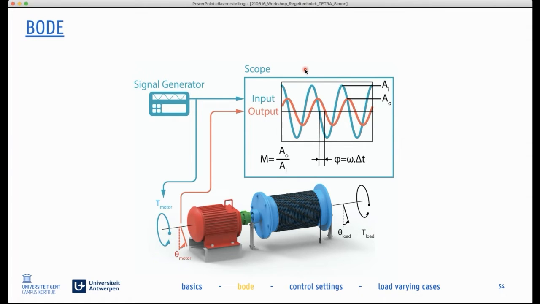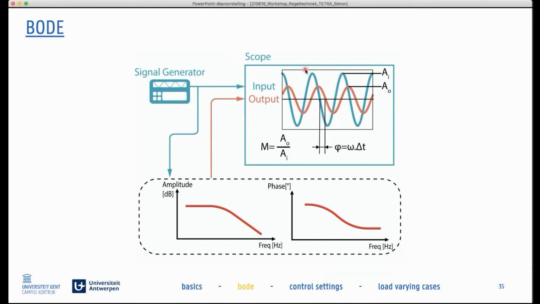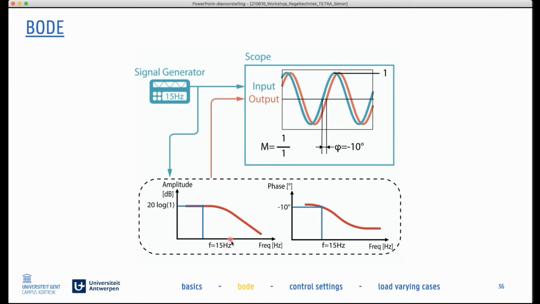Well, actually, by doing one such measurement, we do not know much. We need that measurement at every possible frequency. So we need to redo that measurement for different frequencies. For instance, at 15 Hertz, we see the output signal can almost completely follow the input signal concerning the amplitude. So we have an amplitude gain of 1, but there is a phase lag of 10 degrees at 15 Hertz.